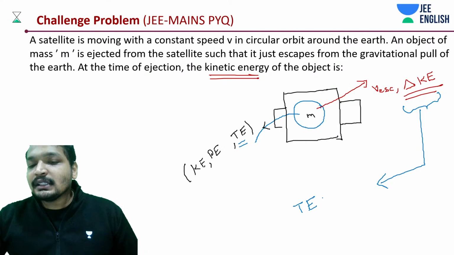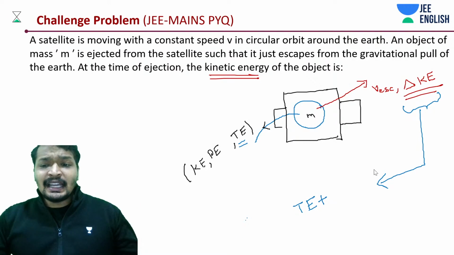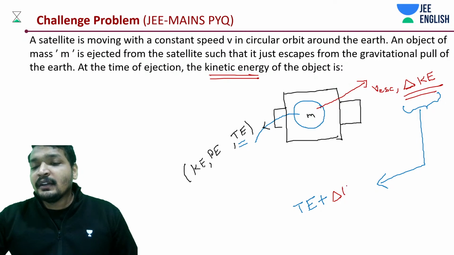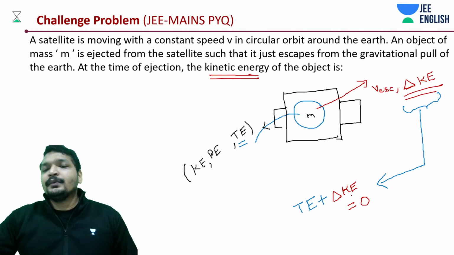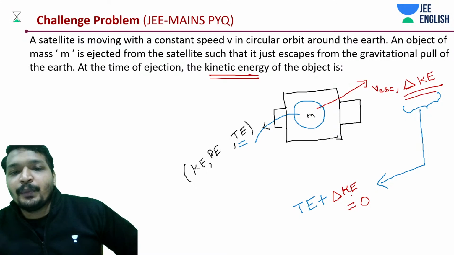So what I'm saying is, if I add some additional kinetic energy, there is a delta. There is already a kinetic energy in this total energy component. With the additional kinetic energy, this thing should become 0.